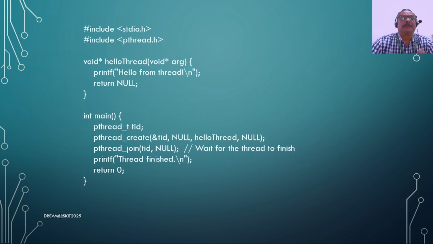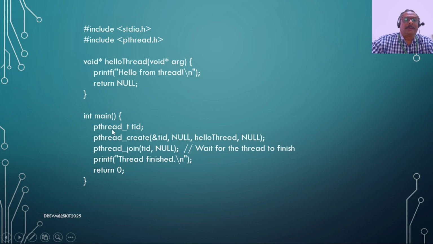So let's check with an example. Here, what it is trying to do is we have a thread function named hello thread, which simply prints a hello from the thread, and once the printing is done, it just returns back, nothing is returned.